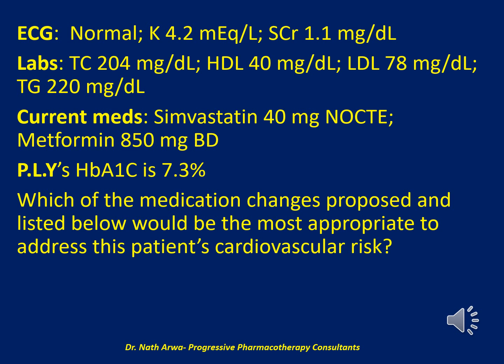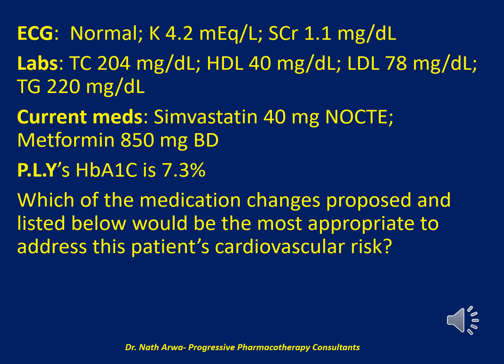His pertinent labs include a TC of 204 mg per deciliter, an HDL of 40 mg per deciliter, an LDL of 78 mg per deciliter, and a TG of 220 mg per deciliter. His current medications include simvastatin 40 mg at night, and metformin 850 mg after breakfast and dinner.